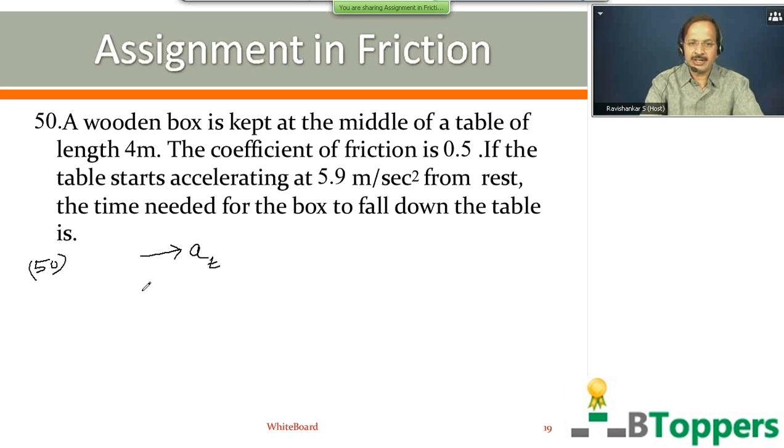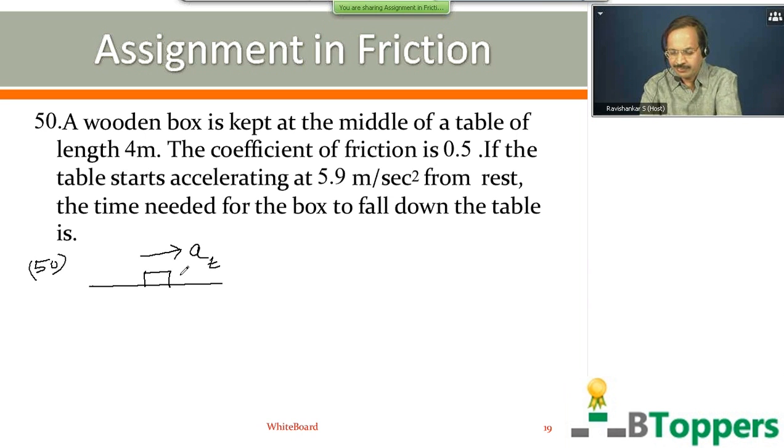So I am going to draw the free body diagram for the box with respect to the accelerated frame of reference fixed to the table. There are two forces that act on the box in the vertical direction.